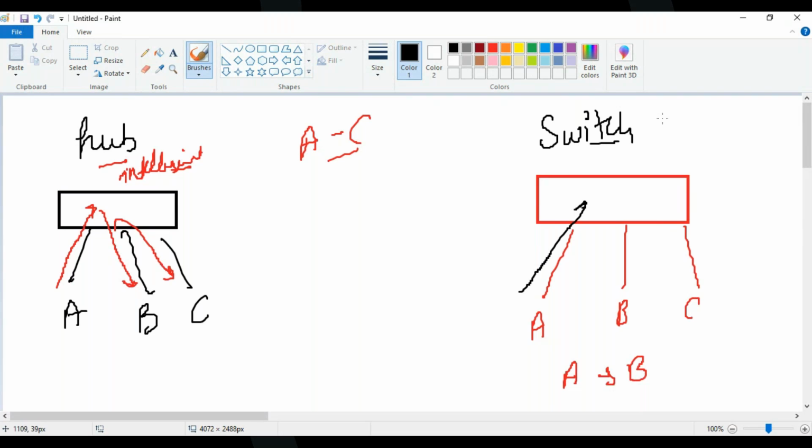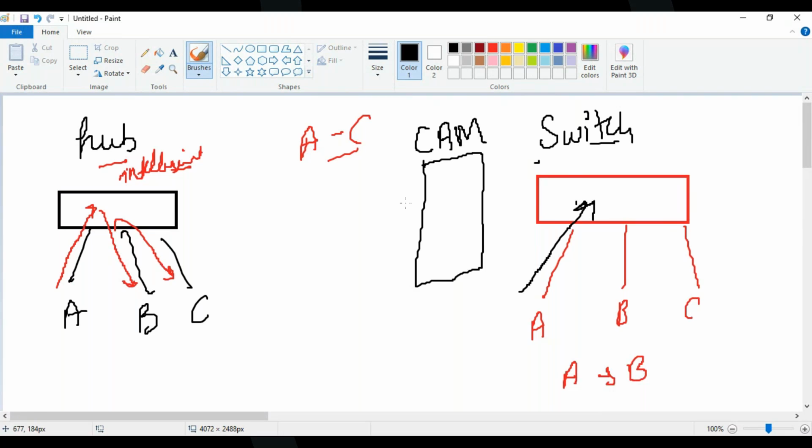Switch is an intelligent device, or we can say it's an upgraded version of a hub. So if A sends this data to the switch, the switch will check its memory table that is called the CAM table, content addressable memory. This is the full form of CAM.